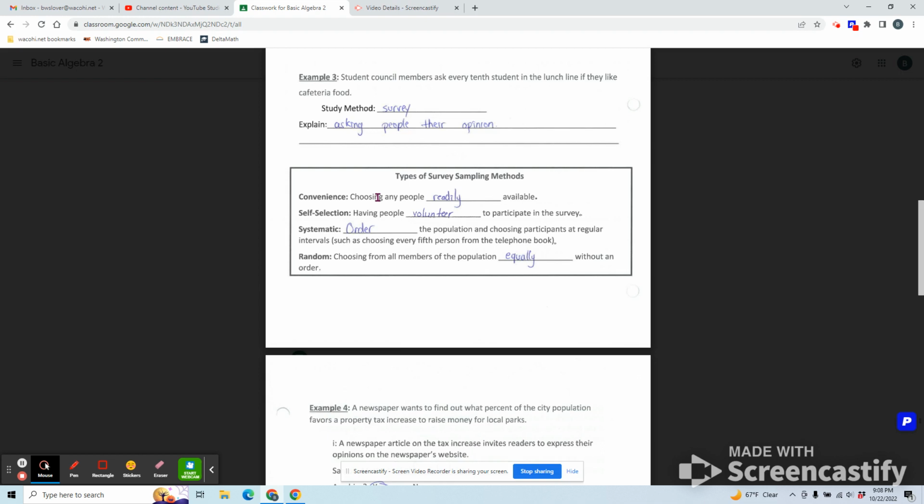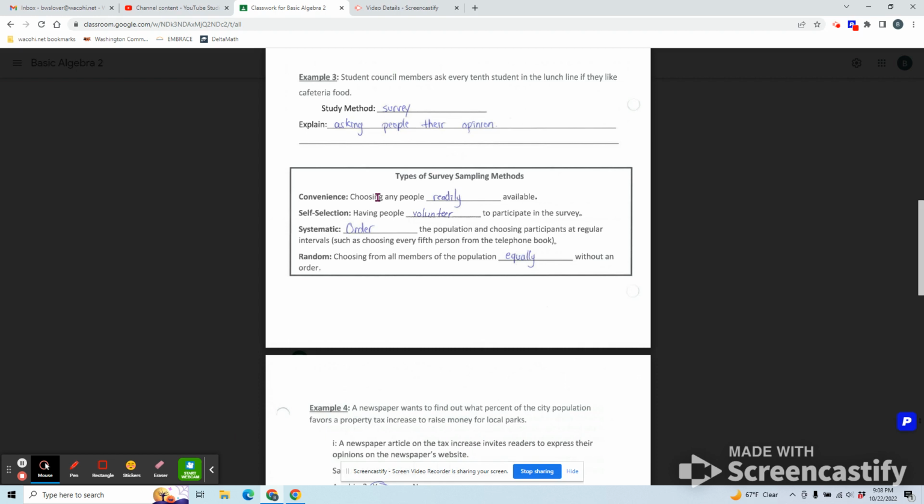I don't have to do anything extra to get that information. Another type of survey is called self-selection. It's having people volunteer to participate in the survey. So with self-selection, someone is volunteering to answer your questions. A systematic survey: we're going to order the population and choose participants at regular intervals.